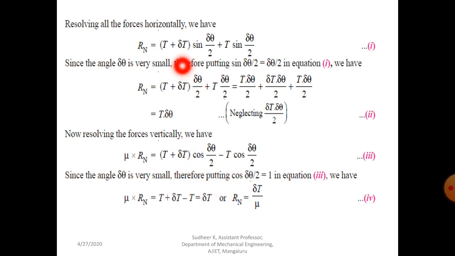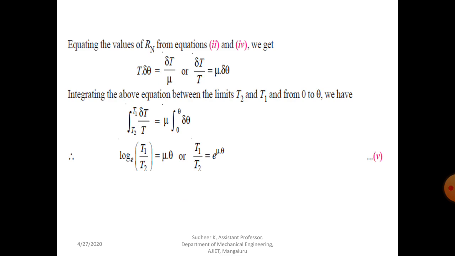So the RHS is also the same. That's why T into d theta is equal to dT divided by mu.